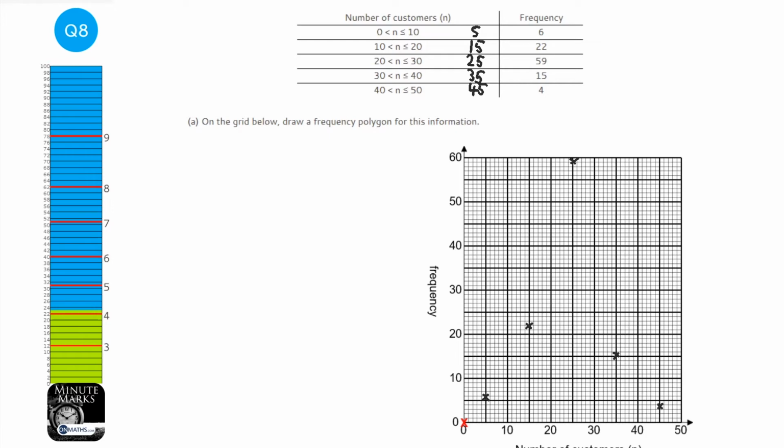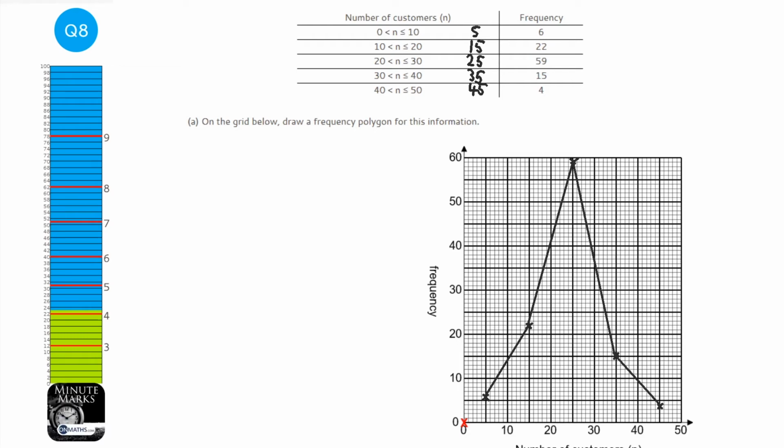Now we're only halfway done, and my points aren't exact because the screen I'm using isn't the most precise, but it's good enough. We're only halfway done because what we need to do is join these up with straight lines, so no curves needed. And when you join them up with straight lines, do not ever join up the last 2 points.